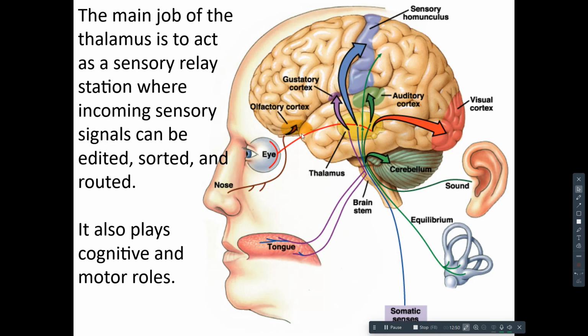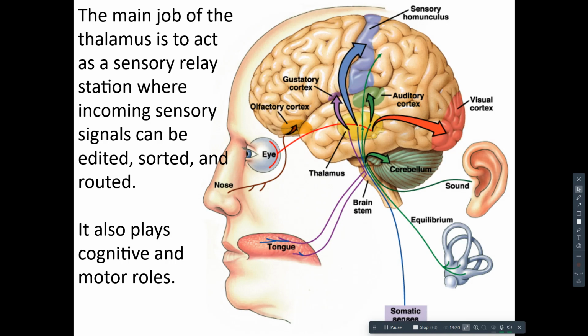But visual signals, thalamus first. Gustatory signals, taste from the tongue, thalamus first. Hearing, thalamus first. Somatosensation, thalamus first. Balance, thalamus first. Proprioception, thalamus first.